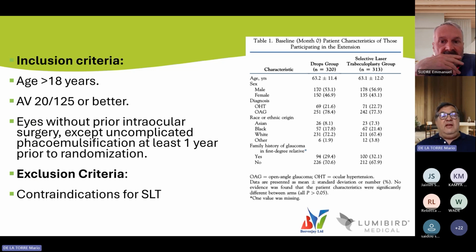The inclusion criteria was age more than 18 years. Visual acuity was not a complex criterion, it's 20/125, and important, eyes without prior intraocular surgery, except phacoemulsification. Exclusion criteria was contraindication for SLT.